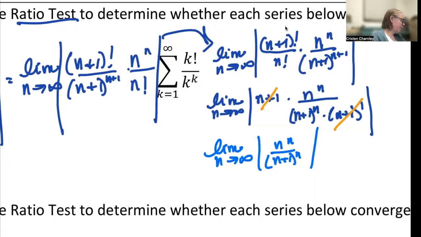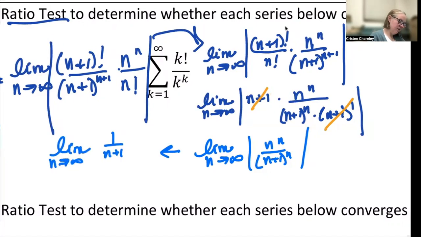This turns into something special. I know we touched on it somewhere, but we didn't really talk about it everywhere. I can rewrite this a little bit. Plus 1 over n plus 1.